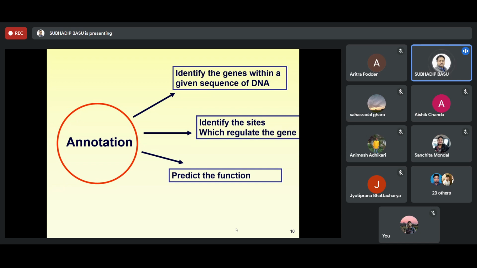That means you are not getting a protein corresponding to that gene. There are some regions which express those genes. Those regions say, okay, now this gene has to be expressed, that means generate a copy of this gene.